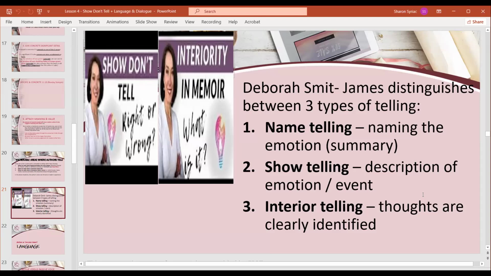That is when you get into the mind or the thoughts, where the thoughts are clearly identified. So they're all telling. She calls them different names, and the purpose of each is quite different. I quite liked how she made that distinction.